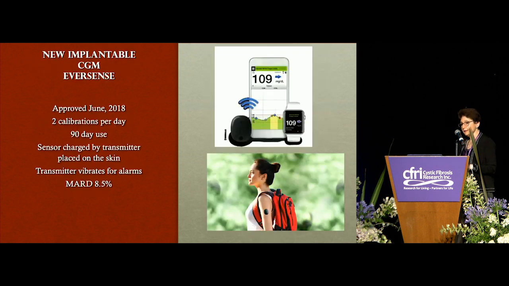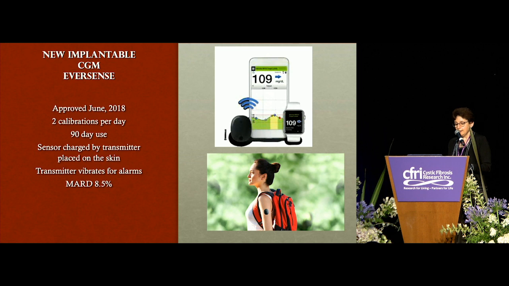The newer device that we have has actually, to my surprise, been used more and more, and patients love it, although I did not expect that, because it's an implantable sensor. It's a tiny sensor that's inserted underneath the skin in the arm, in between the two muscles, the deltoid and the tricep.